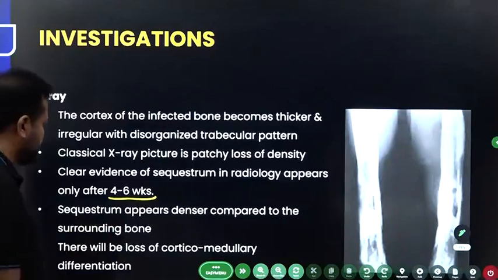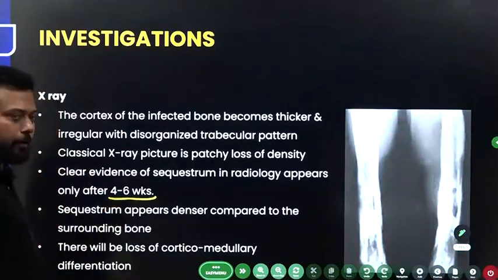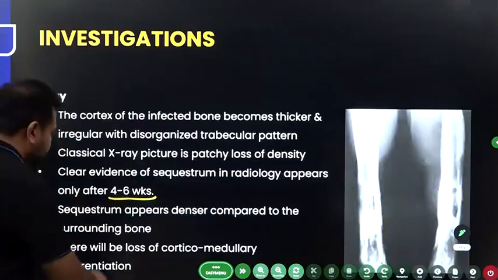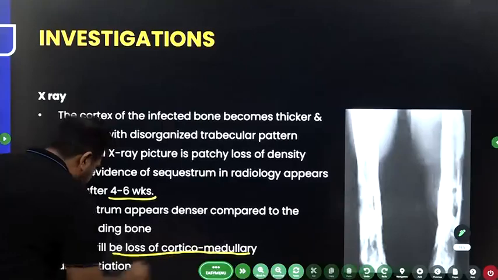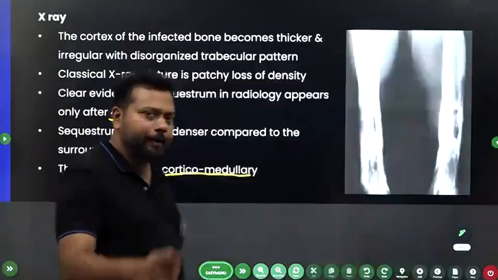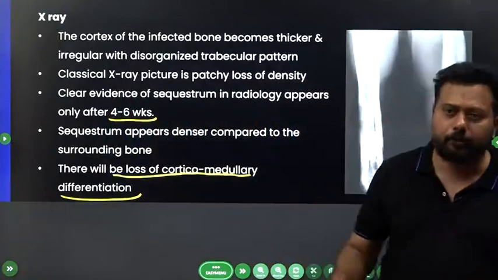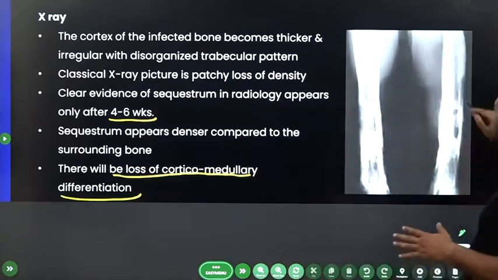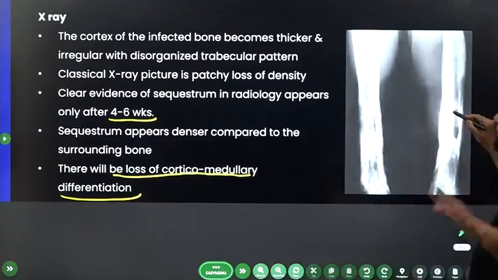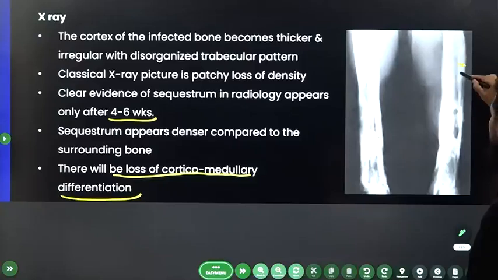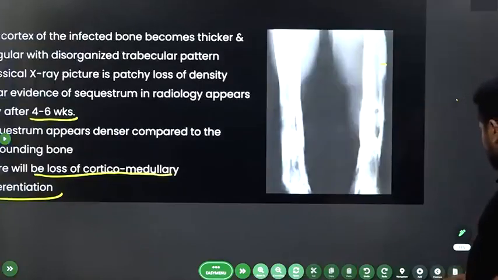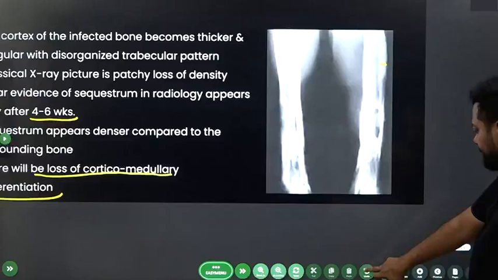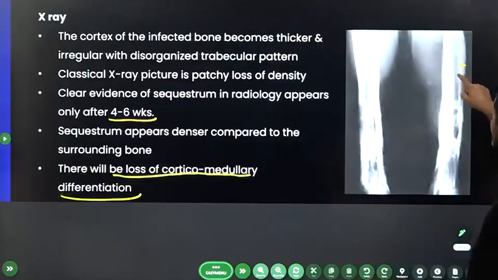The most important thing, please underline this point, because in image-based and clinically based questions, this is the question: when there is loss of corticomedullary differentiation, the only diagnosis is chronic osteomyelitis. You see here, dear friends, look at this part. This is some pathological X-ray, but I am able to see a cortex here, and the part inside is the medullary canal.